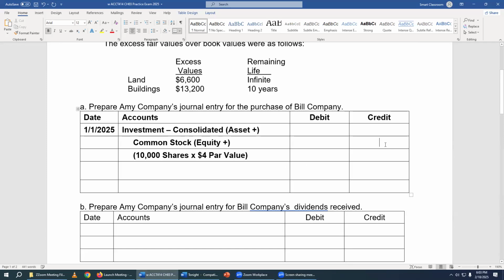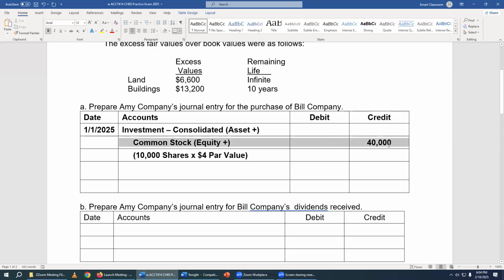And that equals 40,000. Oops. Try that again. Let's try that a third time. Put in the right column, how about?